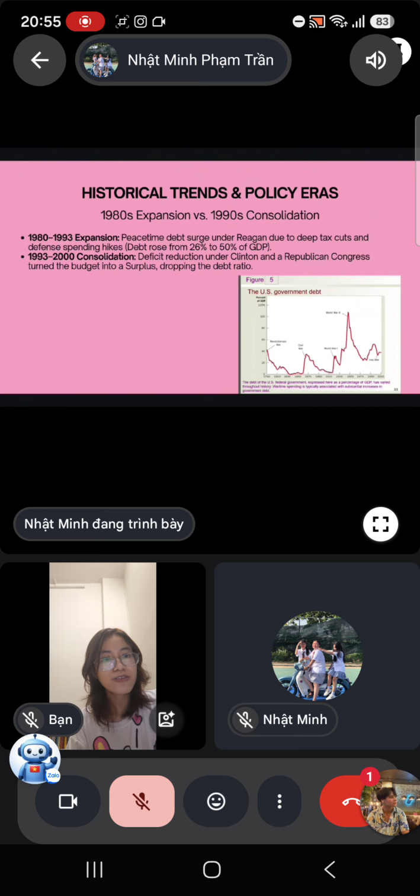This trend was reversed during the 1993 to 2000 consolidation under Clinton, where fiscal choices turned the deficit into a budget surplus, dropping the debt ratio.